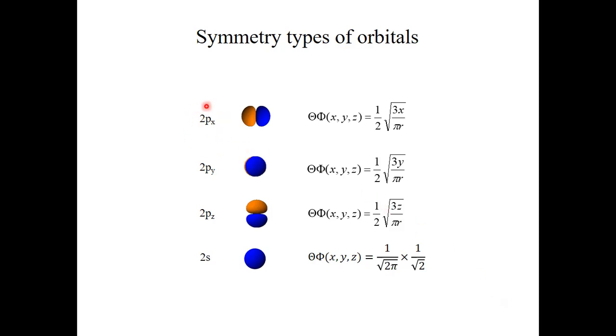That works the following. Remember when we discussed atomic orbitals, we learned that a 2px orbital is a linear function of x, and that was the angular part of the wave function. And we saw that the angular part of the wave function is only a linear function of x.